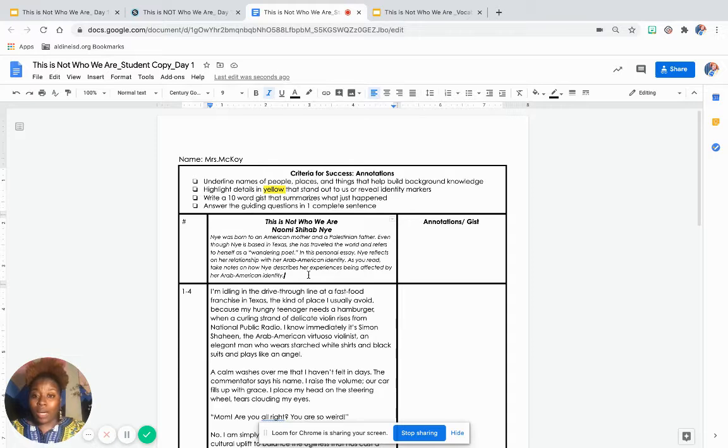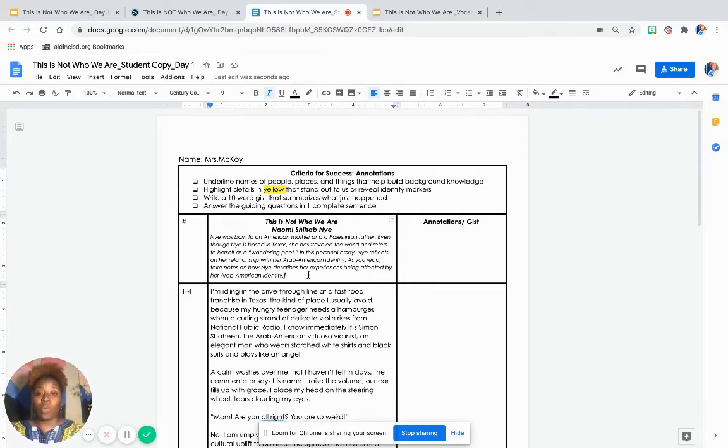Nye was born to an American mother and a Palestinian father. Even though Nye is based in Texas, she has traveled the world and refers to herself as a wandering poet. In this personal essay, Nye reflects on her relationship with her Arab American identity. As you read, take notes on how Nye describes her experiences being affected by her Arab American identity.